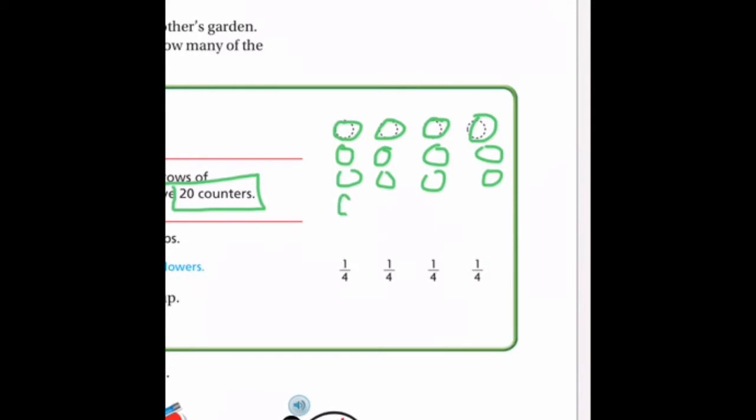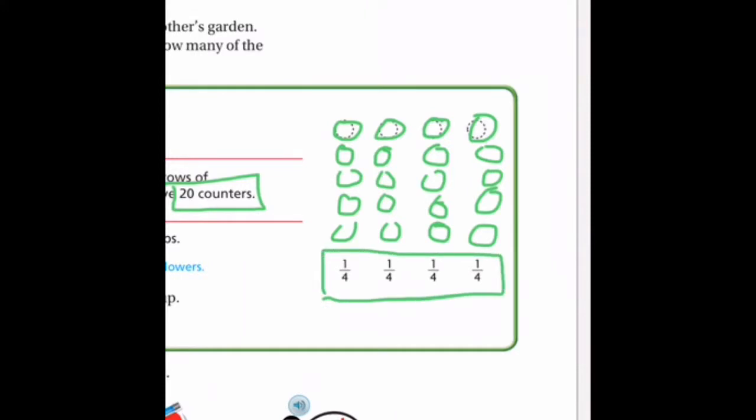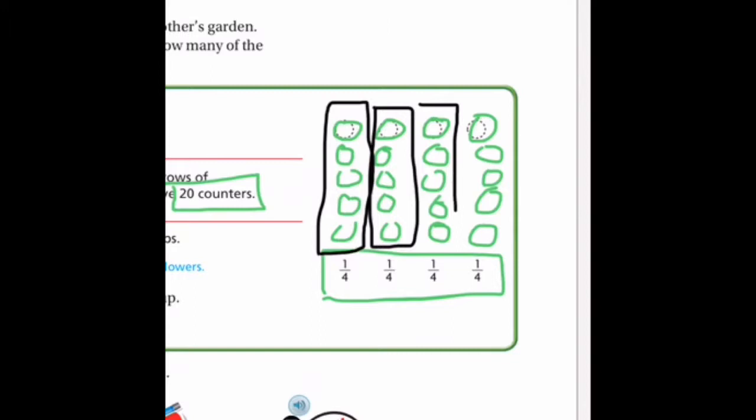Try to keep them lined up as best you can. 13, 14, 15, 16, 17, 18, 19, 20. I have 20 counters. You'll notice here, each column is 1/4. That's a 4th. That's a 4th. This is a 4th because I have 4 columns now, right?